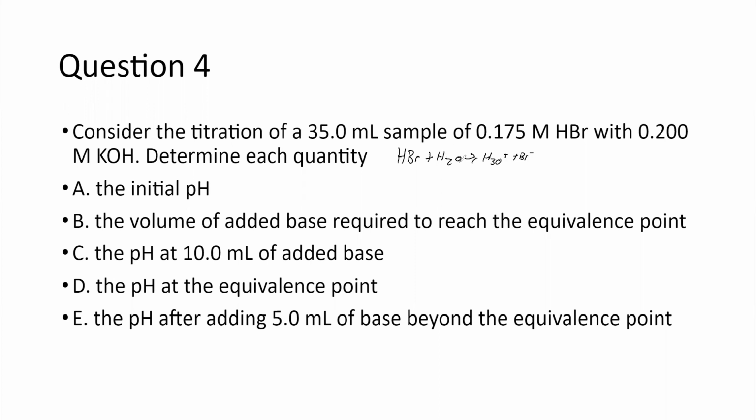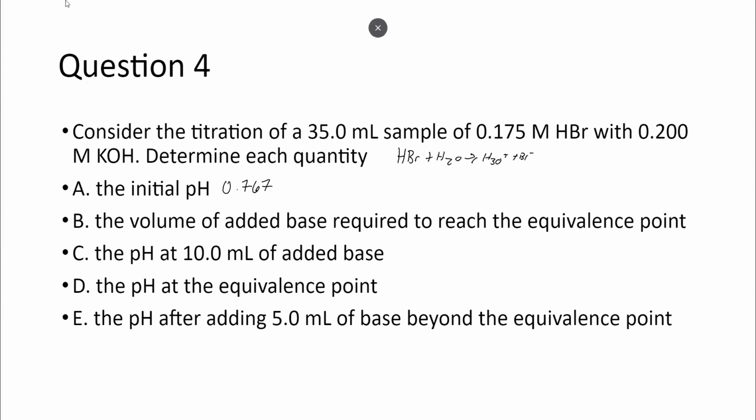It reacts completely. So this is our concentration of H3O+. So just do the minus log of this to get our pH. Right, and so pH is 0.757 right now. So very low, which it should be because we have nothing but acid in there.